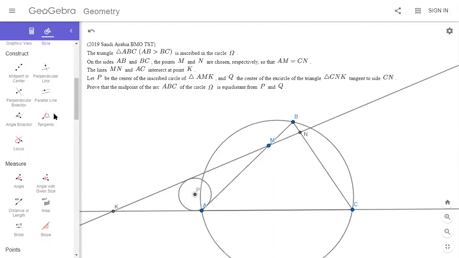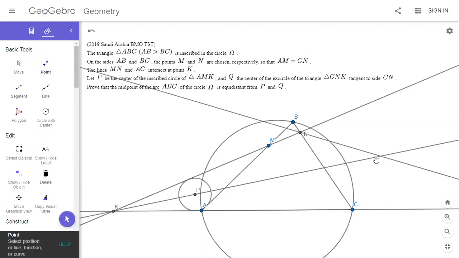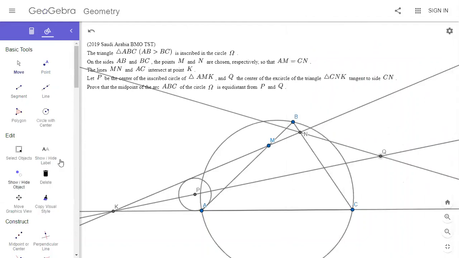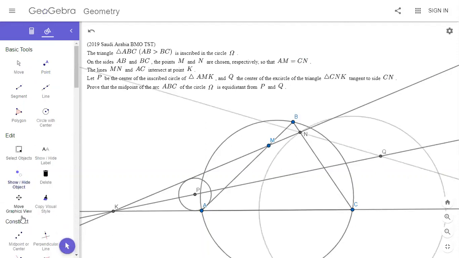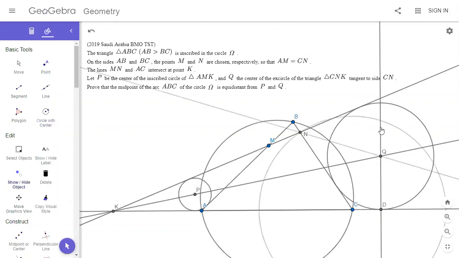All right, so let's see, this should work. So that's Q. I'm going to hide this, but I'm going to draw the excircle. See, there we go. Let's hide some stuff.